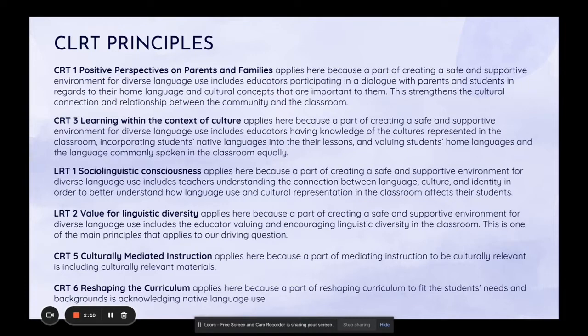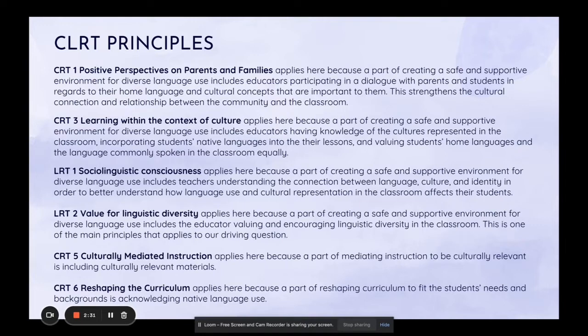CRT3, Learning within the context of culture, applies because it is a part of creating a safe and supportive environment to have educators with the knowledge of their students' cultures represented in the classroom and incorporating students' cultures and native language into their lessons.